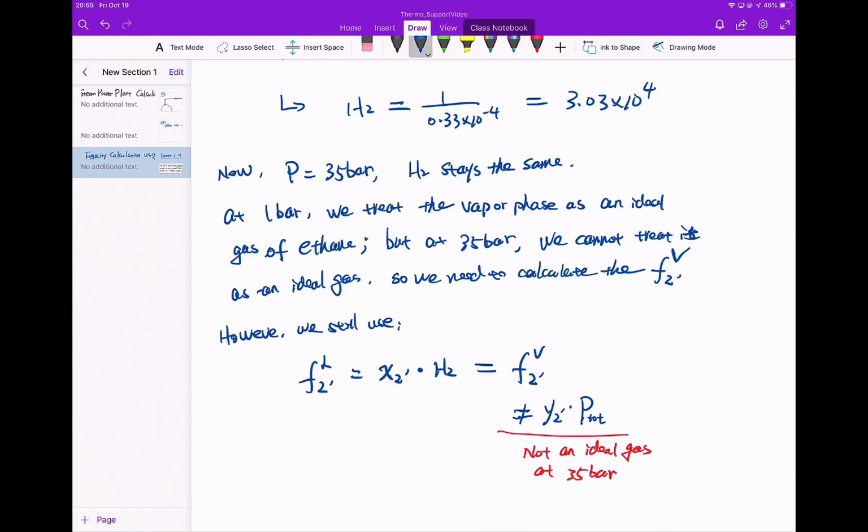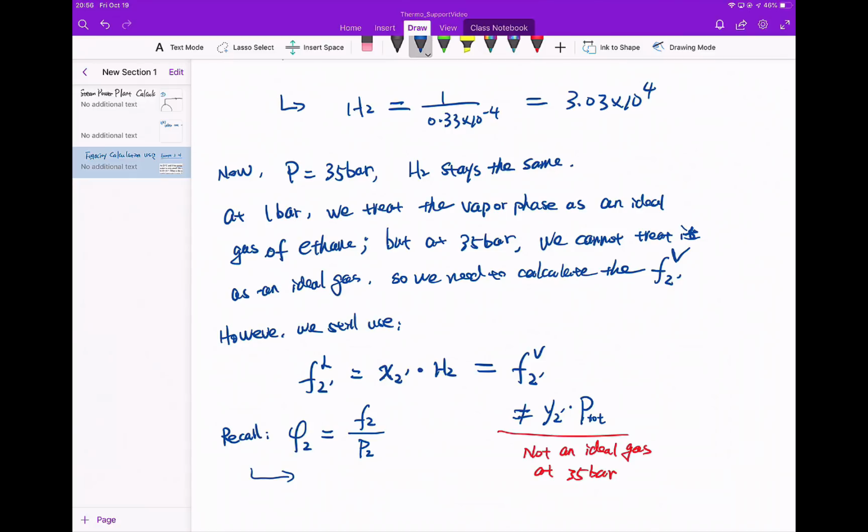So now instead of using this y2 times P total, we still can use the fugacity coefficient definition. If you recall, I have phi2, which is the fugacity coefficient of component 2, that is always defined as f2 over P2, right?